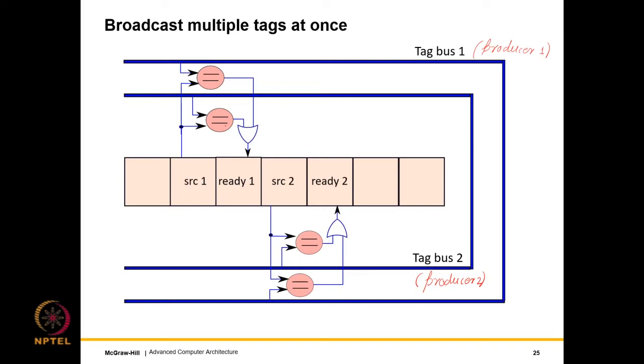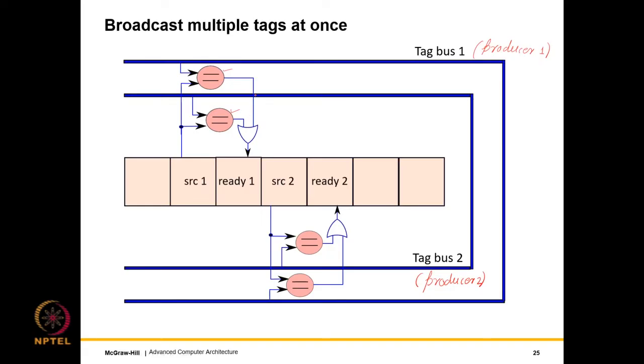So what will actually happen is that we need to compare both the tags that are being broadcasted, tag 1 and tag 2. So let's say for the first source 1, we will actually compare both the tags. So we need two comparators. We need one over here and we need one over here. So both the tags are compared and then an OR gate. Just one of the comparisons will be successful.